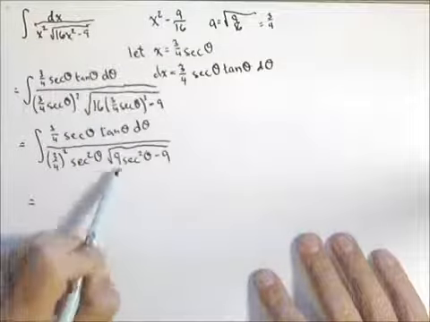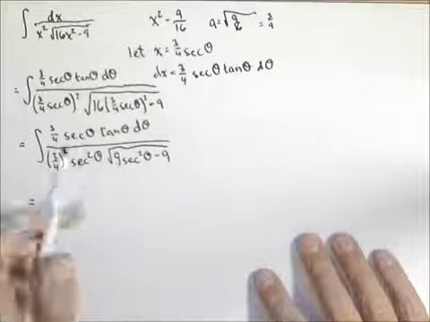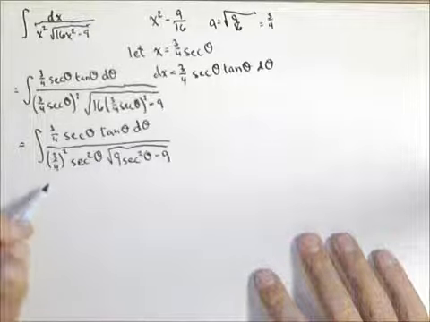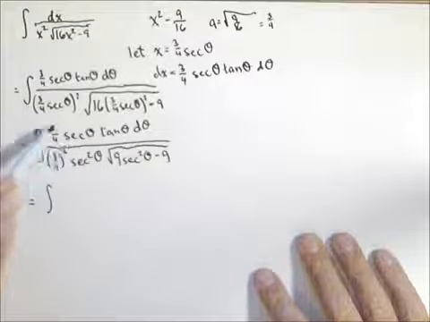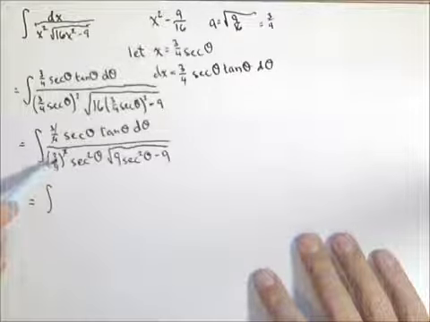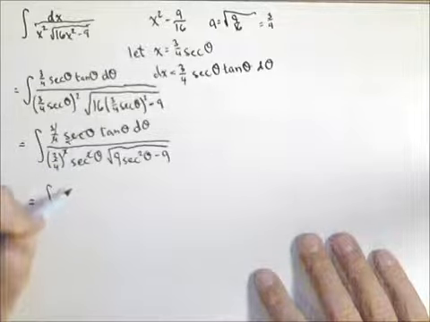Now, like we've done in previous videos, this 9 can be factored out of both terms and then pulled out of the radical because it's a perfect square. And let's do a little bit of canceling at this step so we don't have to write everything again. We'll cancel one of our 3/4 with one of the ones on bottom, and this secant with the one on bottom. So let's work with what we have left.